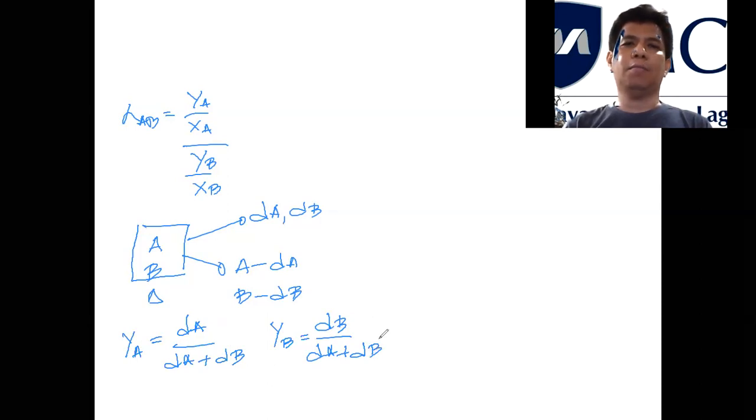What about x sub A? X sub A would be equal to A minus dA divided by A minus dA plus B minus dB.